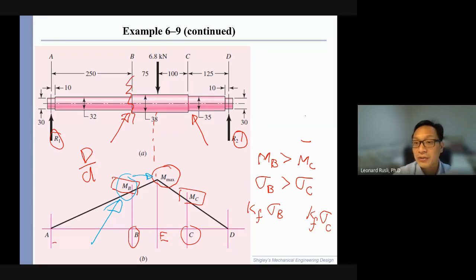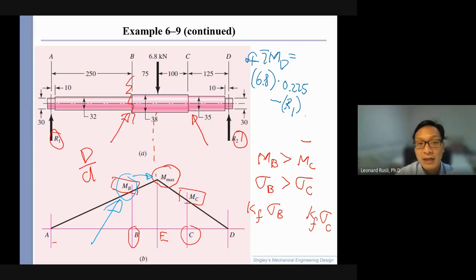To find R1 and R2, you have to do a sum of moments about D. Counterclockwise is positive, so 6.8 kilonewton times, 100 plus 125, 225, so 0.225, that's counterclockwise, positive, minus R1 times 250 plus 75, 100, 125, 225, 75, 300, 550, so 0.550, equals 0. And then you find R1, right?